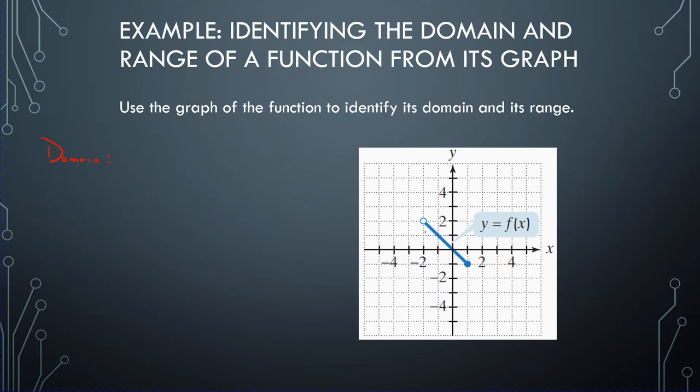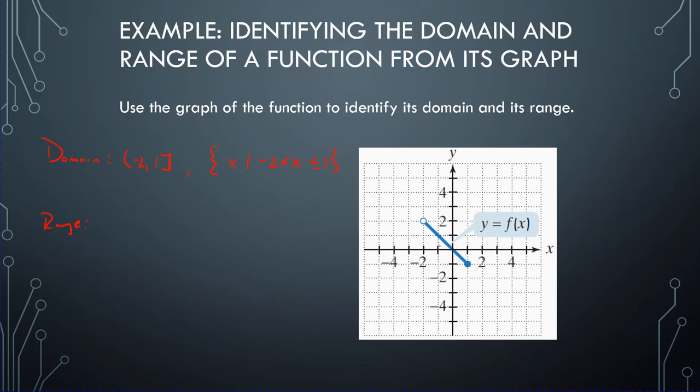So it's going to go to -2, but it's open circle or open bracket. And then the x value goes all the way to 1. This is 1 along the x-axis, and this is closed bracket. So it's the x values such that strict inequality, -2 is less than x, which is less than or equal to 1.